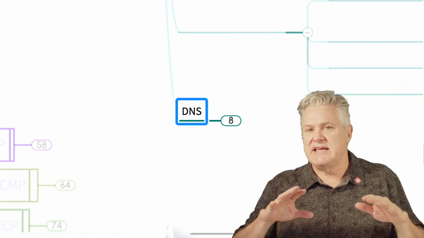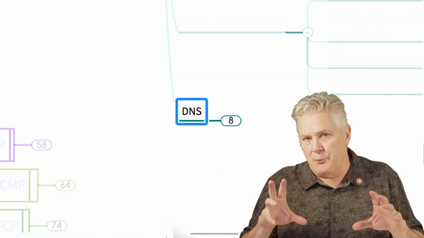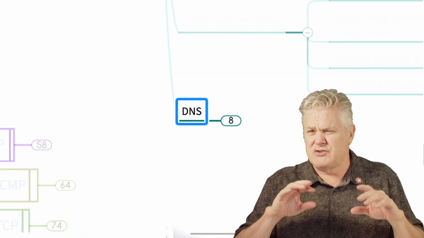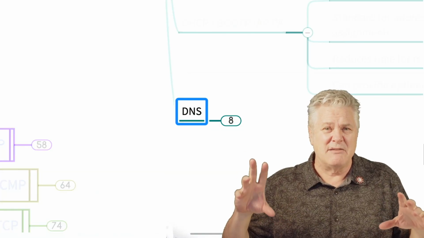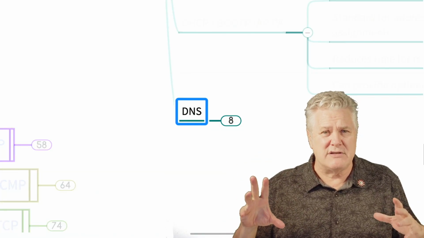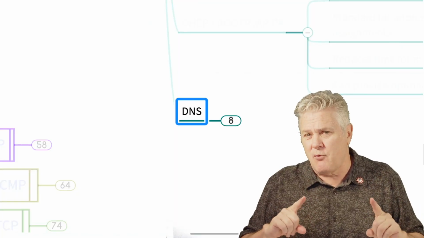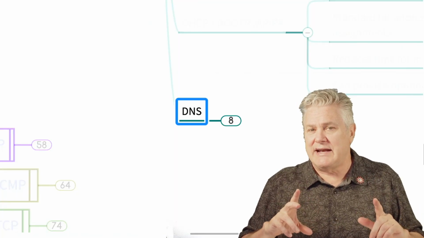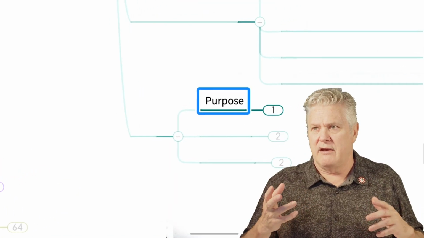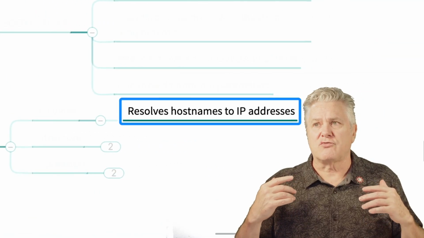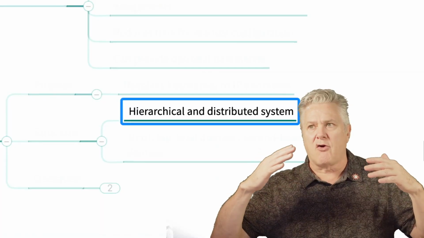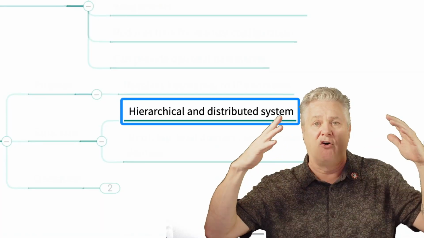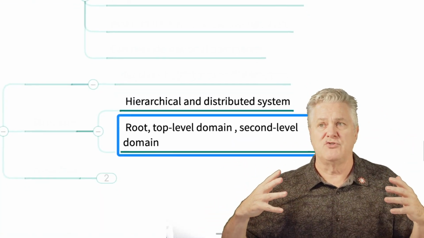Lastly, DNS, which I think if you only understood one protocol, it would be DNS. If you only understood one service, it would be DNS. From a security standpoint, it runs the internet at this point in time. And from a security standpoint, if we can control DNS, then we win. All it does is resolve host names to IP addresses. It is set up as a hierarchical, distributed system between all the servers that do this resolution for us.